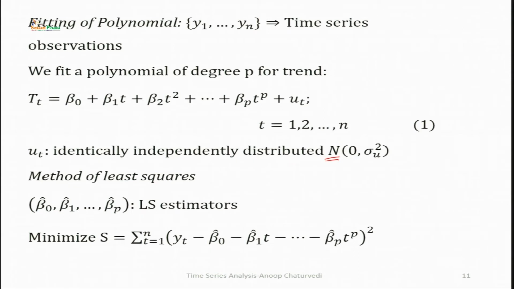So, what you have done, this is y t and this part is your T t. T t is a polynomial of degree p in t, and you have minimized the sum of squares of differences between y t and T t.